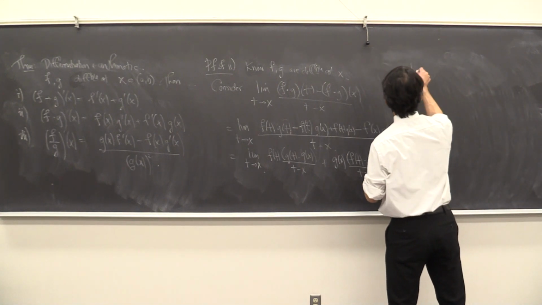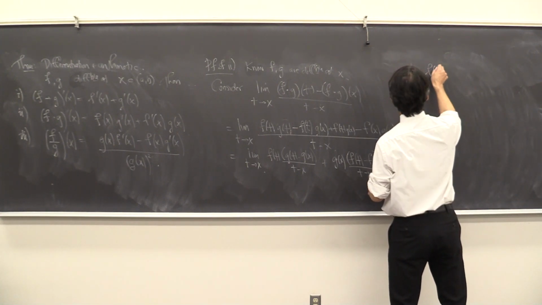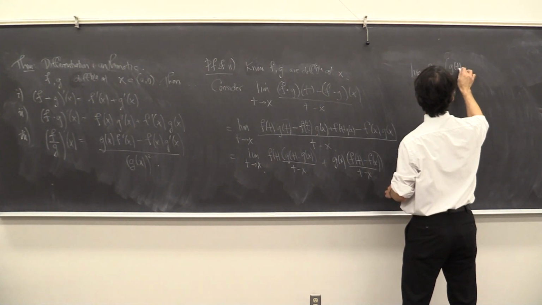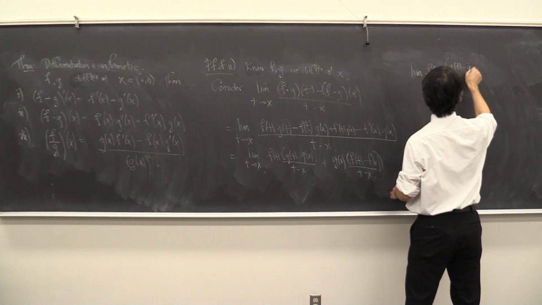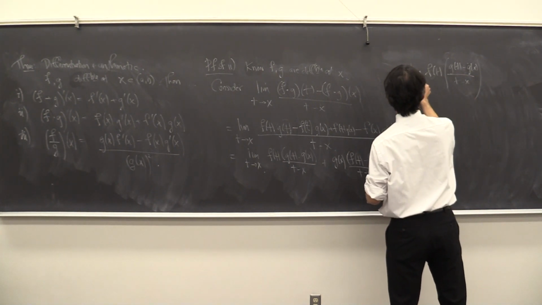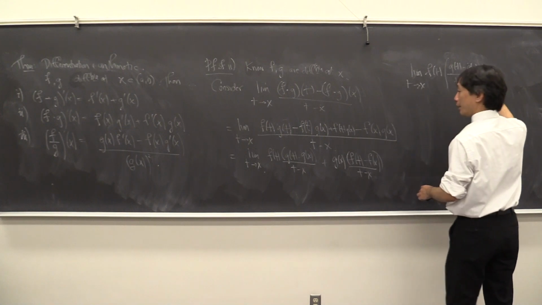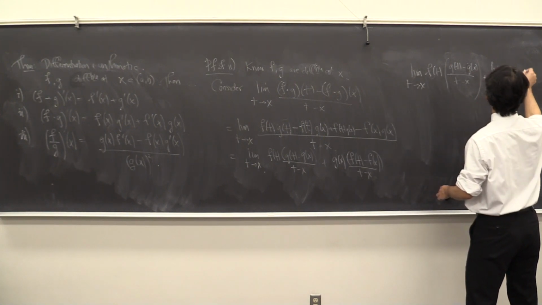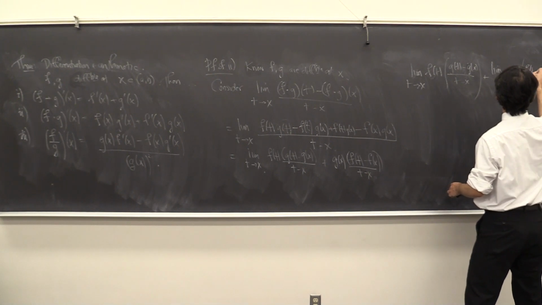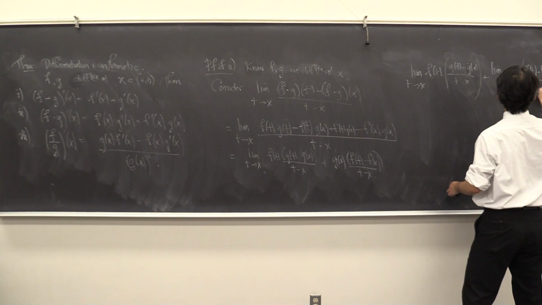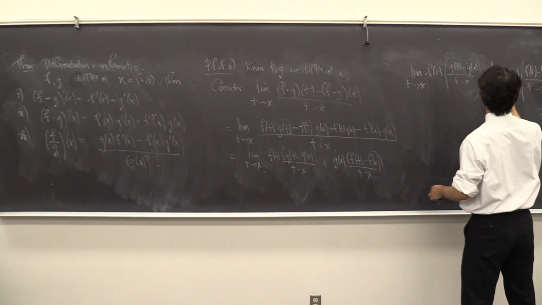If we look at the limits of these guys, the limit of f of t times g of t minus g of x over t minus x as t approaches x, plus the limit of g of x times f of t minus f of x over t minus x as t approaches x.